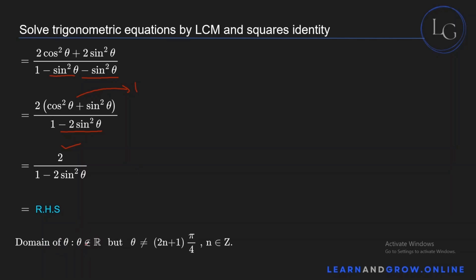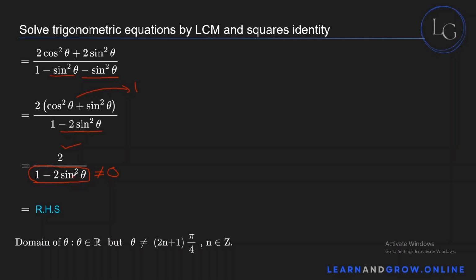And now the domain is basically theta is any real number, but theta cannot be equal to 2n plus 1 pi by 4. Why? Because again, the denominator cannot be equal to 0, and basically this means that the value of 2 sine square theta cannot be equal to 1 because 1 minus 1 is equal to 0.